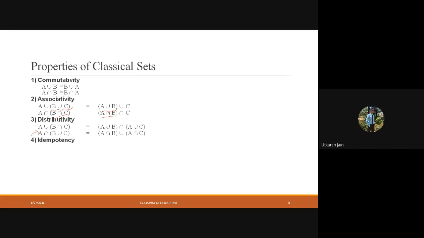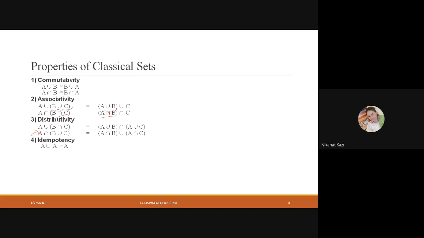Okay. So idempotent operations means if you perform that operation n number of times, the result will remain the same. Okay. So what is that operation?